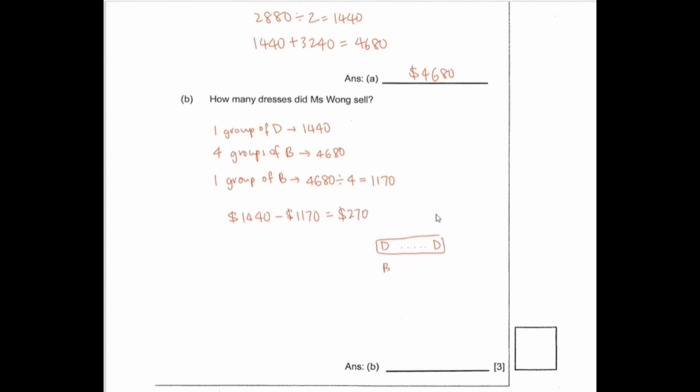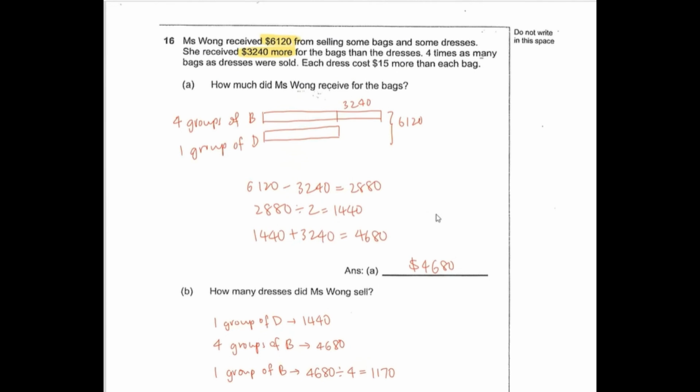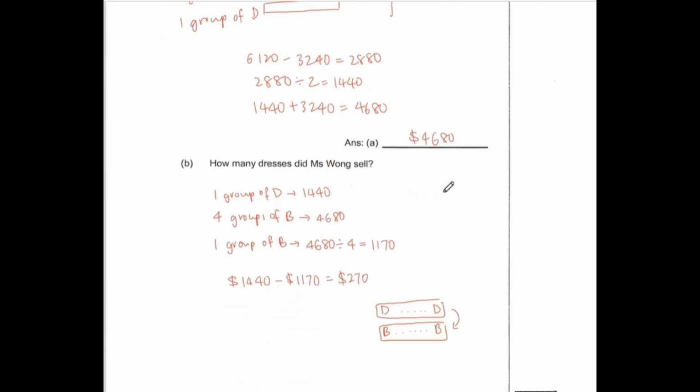And 1 group of bags. This difference here is actually 270. Dress costs more, so minus 270. In this direction, it's a difference of 270. The bag's 270 less.